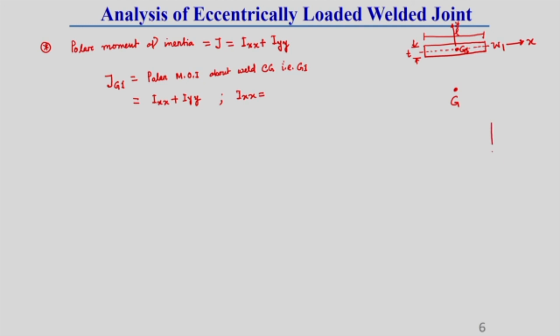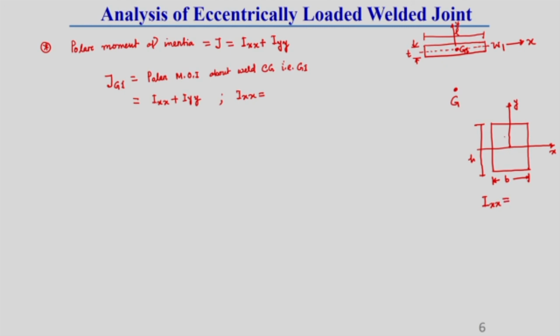So, how to find out the moment of inertia? Let this be a rectangular cross section, let its breadth be b and height be h. Now, let this be our x axis and this be our y axis. Once we find out the second moment of inertia with respect to x, we represent it as Ixx.